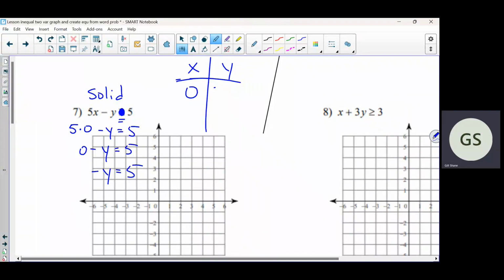We don't want negative y. We want the variable y. So there's a couple ways you can do it. I'm going to give you the cheat sheet version first. Anytime you have a negative variable and then a number over there, you can just move the negative to the other side. That's basically what winds up happening. I could just say y equals negative 5. If negative y equals 5, then y equals negative 5.